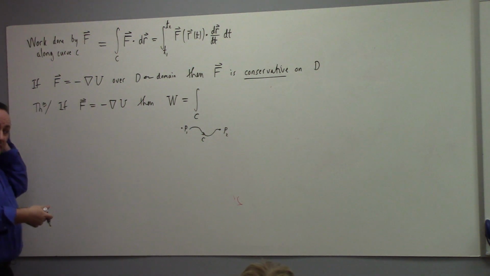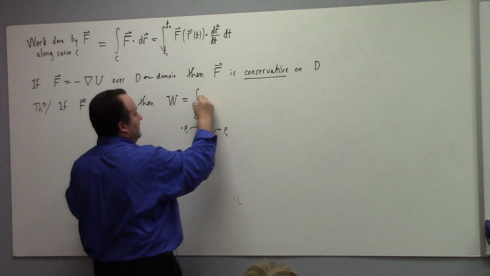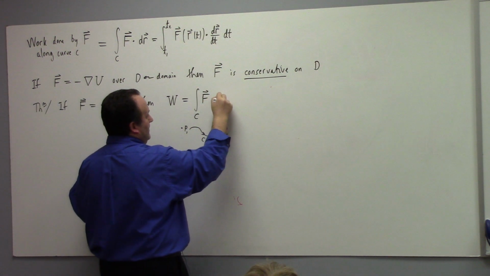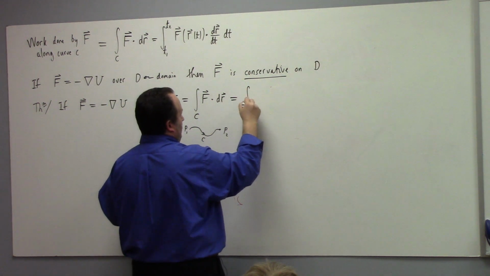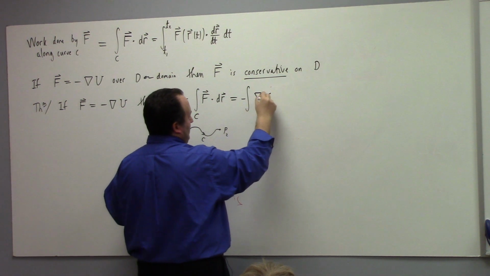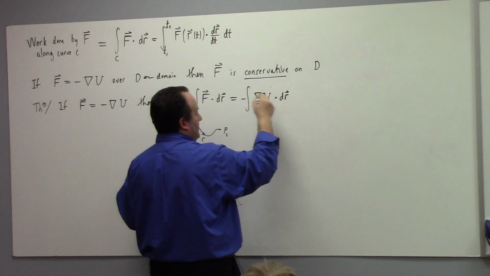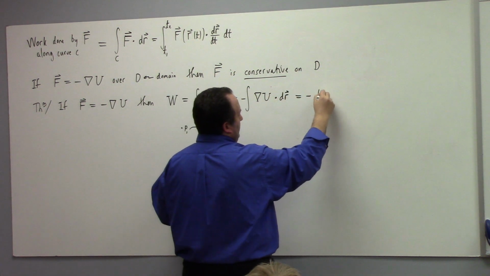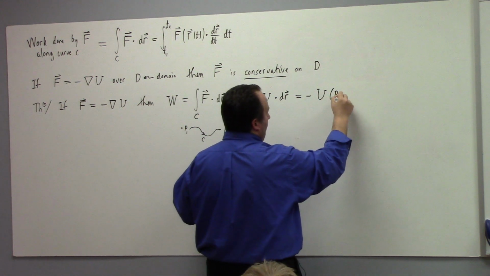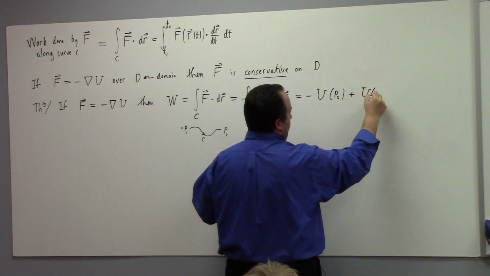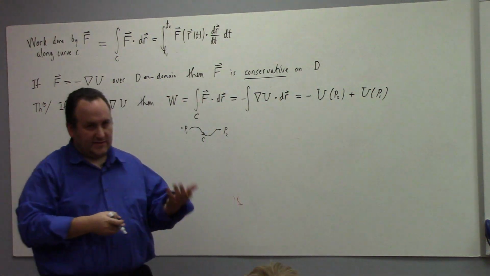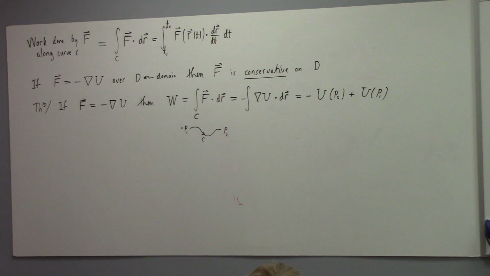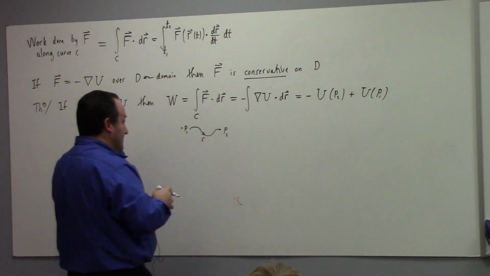The work works out to minus the integral of the gradient of the potential energy dot dr, which by the fundamental theorem of calculus for line integrals is minus U of P2 plus U of P1. This is very nice because if the vector field is conservative, we don't have to go through the rigmarole of calculating the work integral, which can at times be a pain because it's integration, right? We much prefer evaluation to integration.